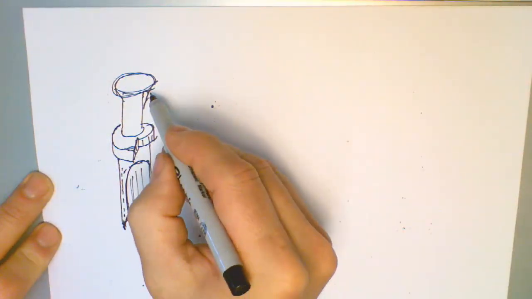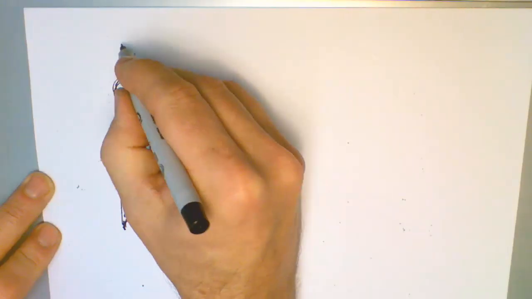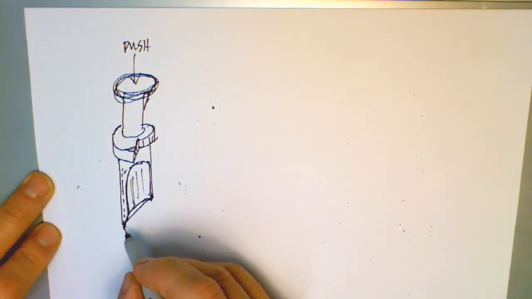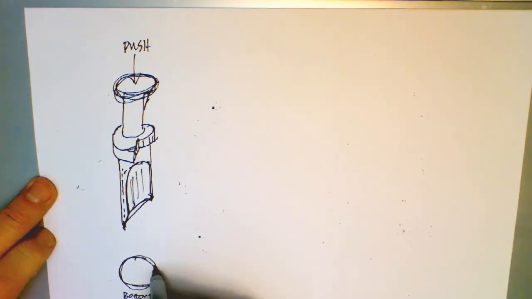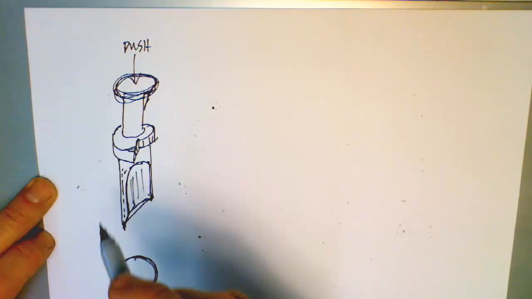All right, so what this thing is, we're going to push on this thing, and now if I look at the bottom view of this thing, it's a cylindrical section that is like a cookie cutter, all right, that can punch out.